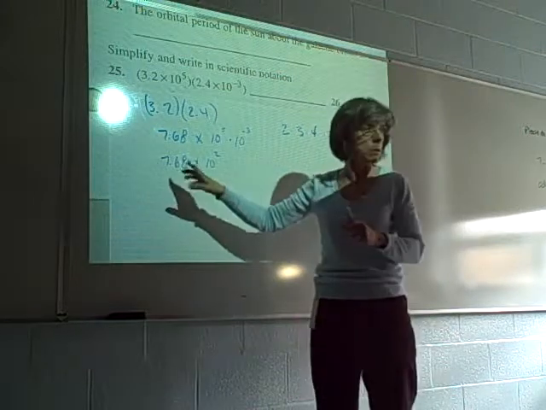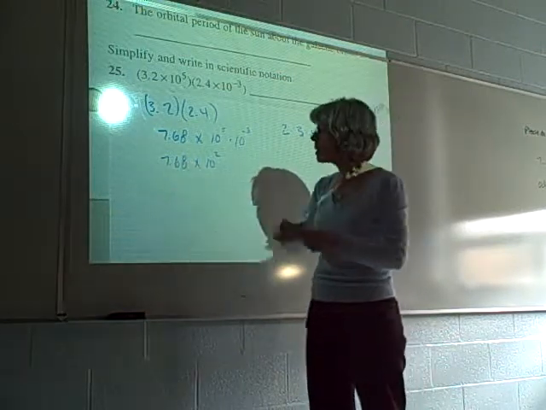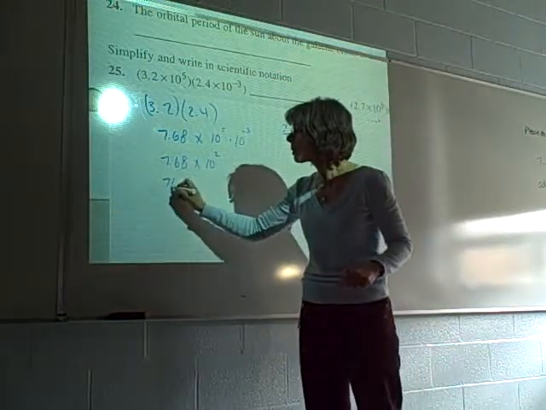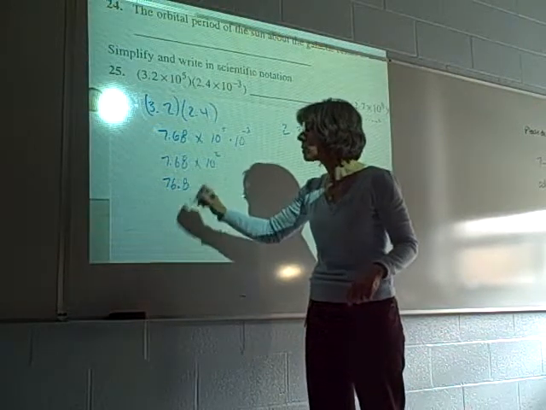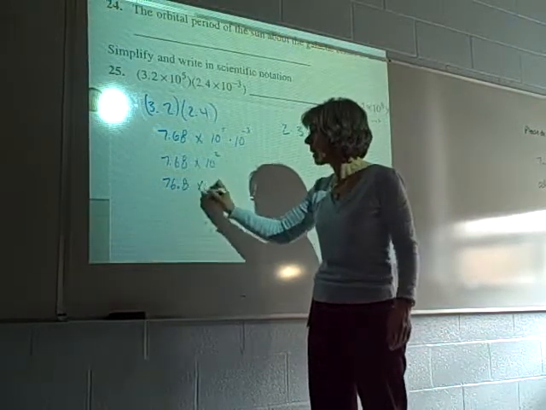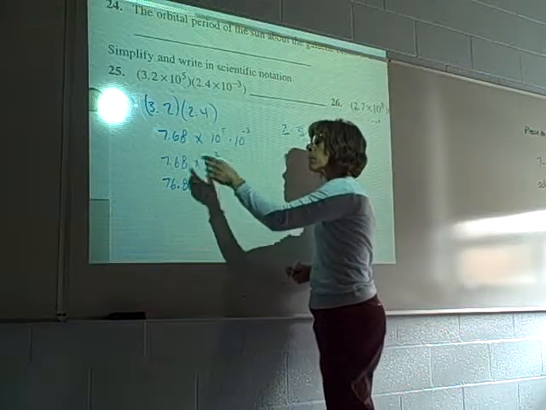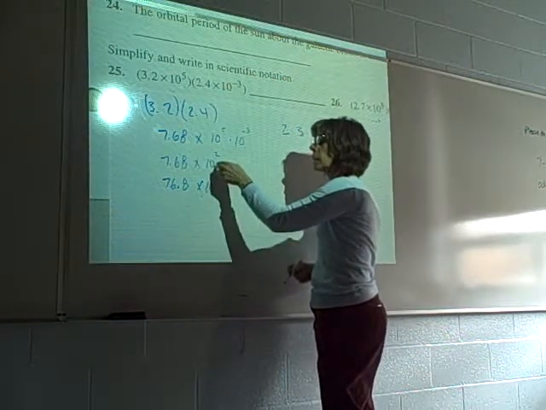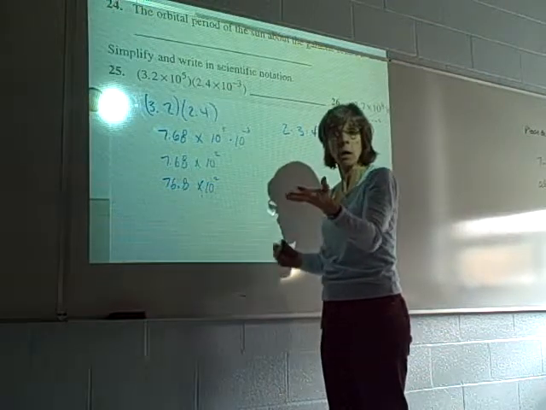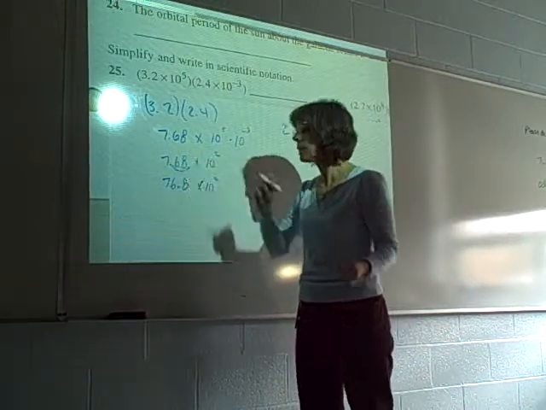Supposing we had multiplied and your answer was 76.8 times 10 to the second. Remember, this is saying I'm going to multiply this number by 10 to the second, which is 100.